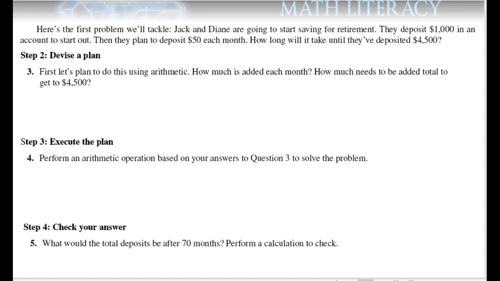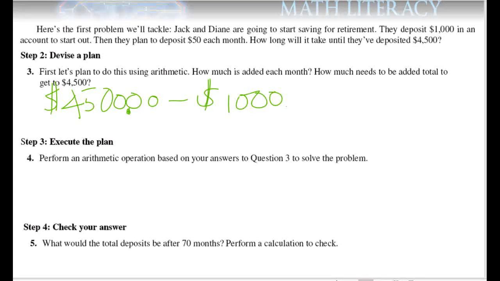We only need to get 3,500. That's how much we need to add.